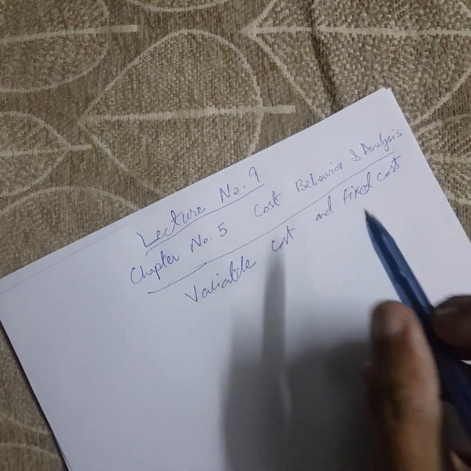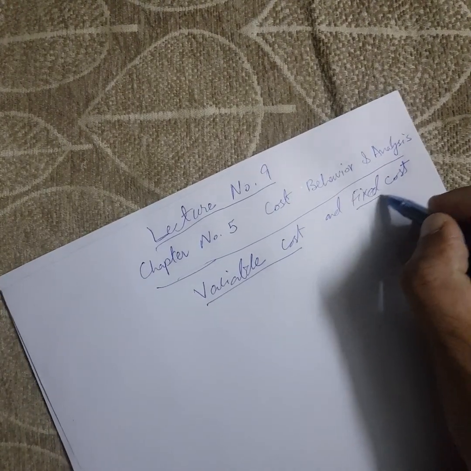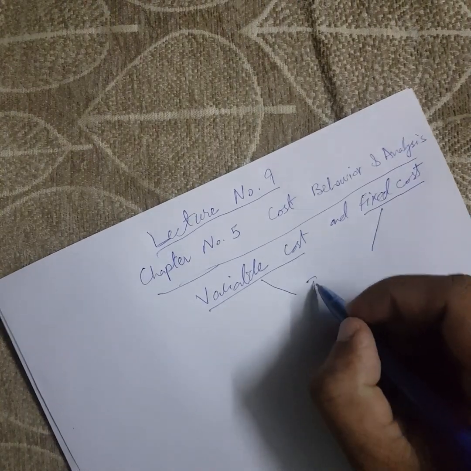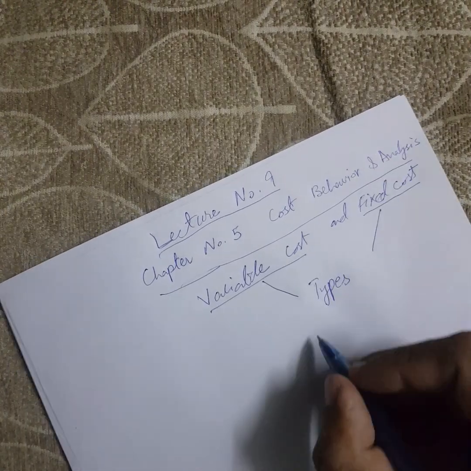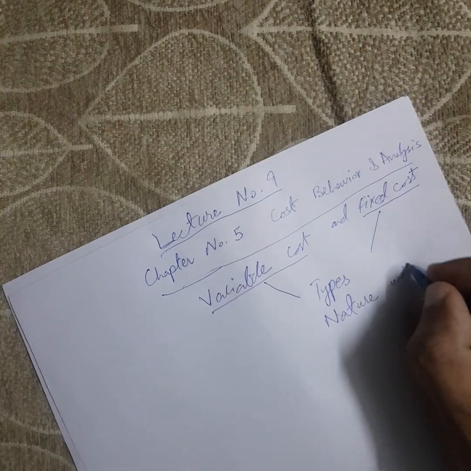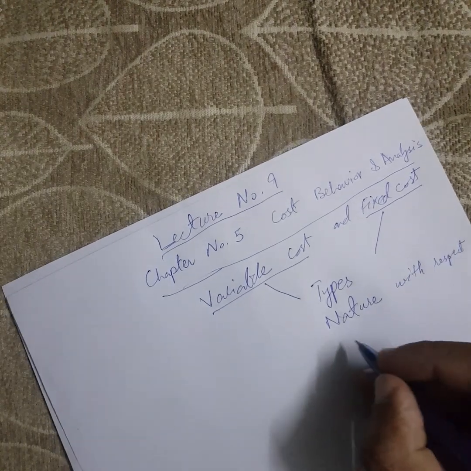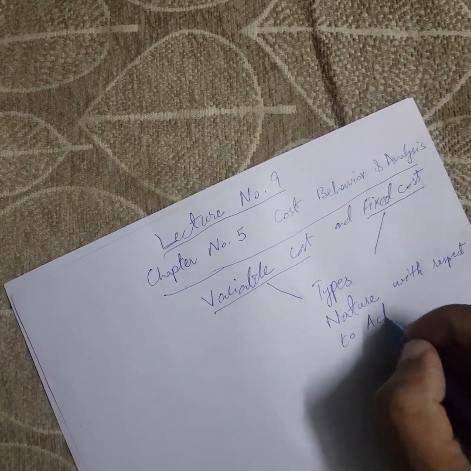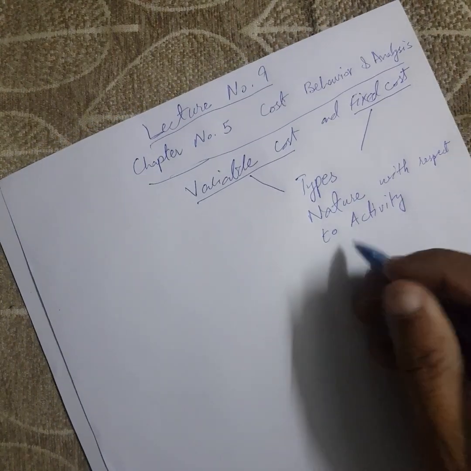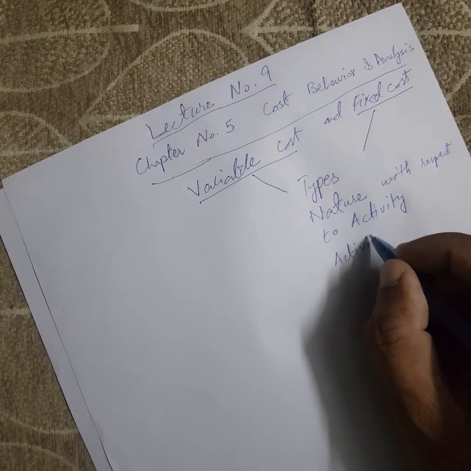Our main focus in this chapter will be on variable cost as well as fixed cost, their types, nature with respect to activity, and continuing to this activity base.